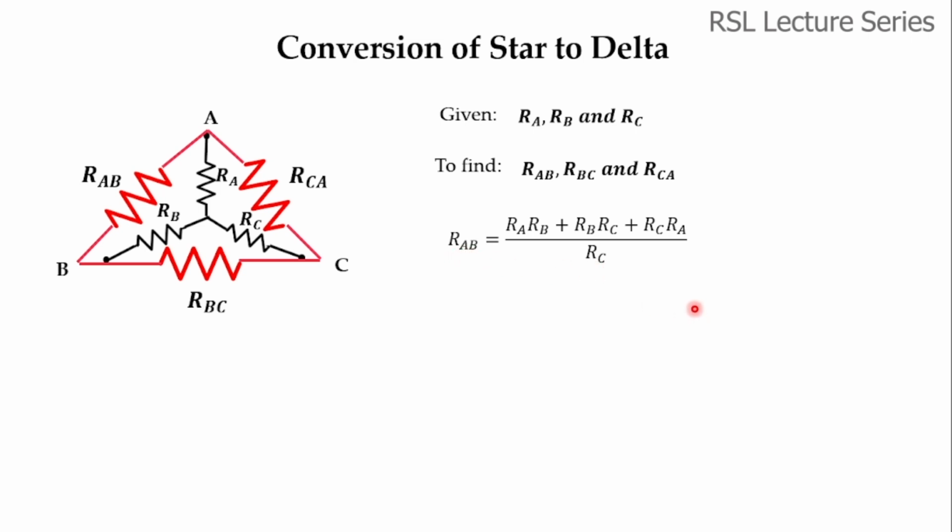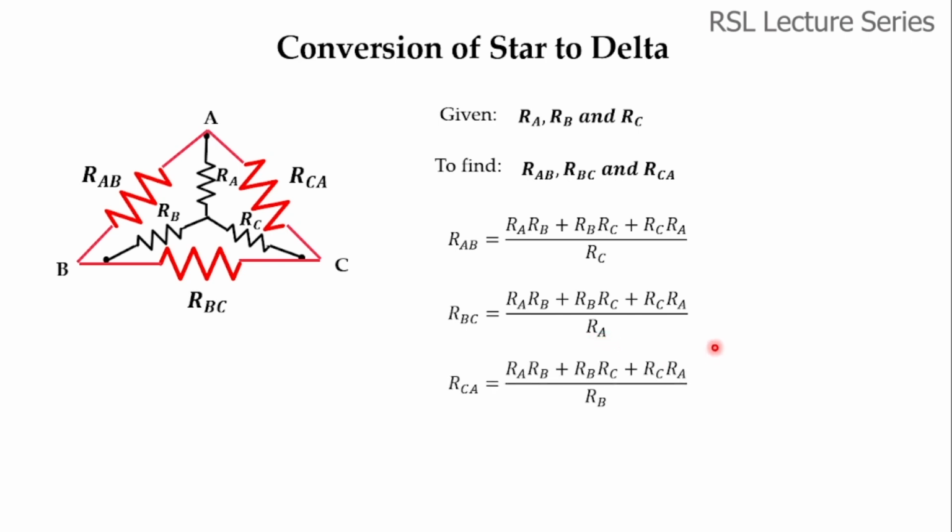Similarly, RBC can be written with the same numerator: RA·RB plus RB·RC plus RC·RA divided by RA. On the left hand side we have BC, the missing term is A, so RA.